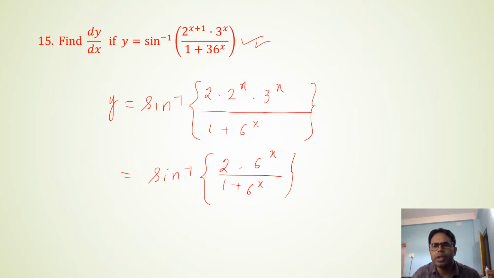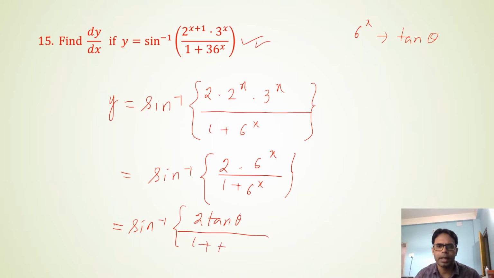Now if we take this 6 to the power x as tan theta, a simple simplification, then what will be the term now? This term will be sine inverse of 2 times tan theta divided by 1 plus, this is 6 square, not 6, okay, because 36, so 6 square, and x is already there.